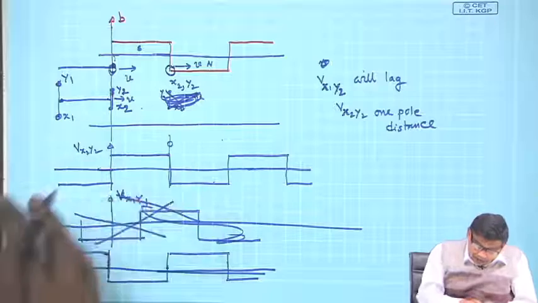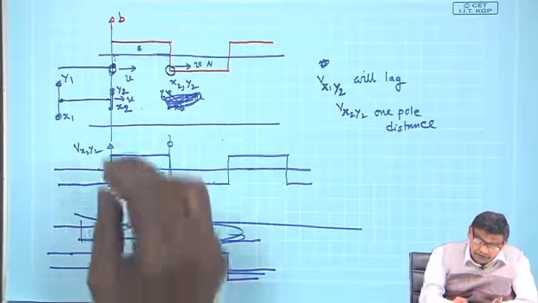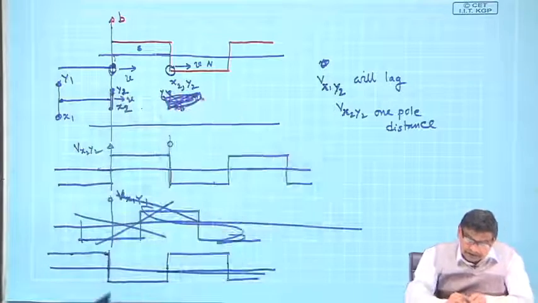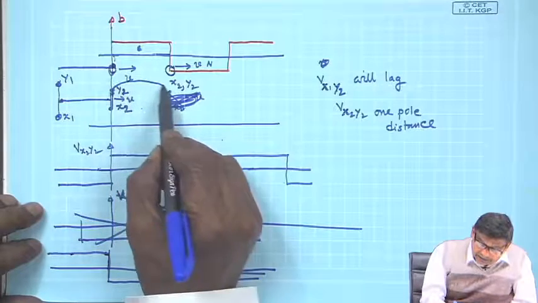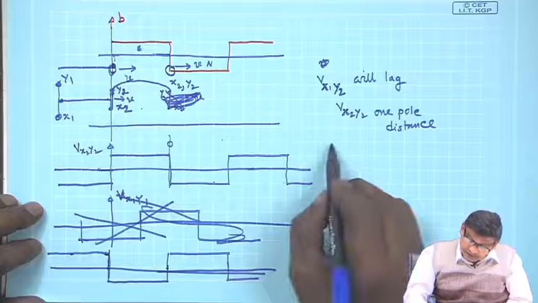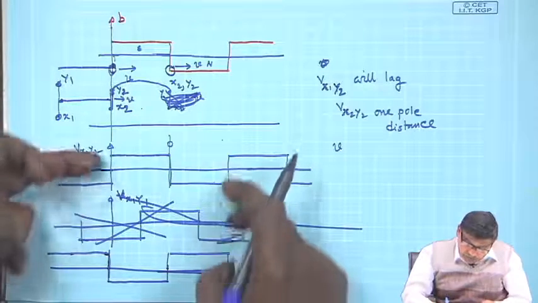Therefore, I can draw separately the voltage waveforms of this conductor and this conductor, and if you have connected them at the back like this, then you take the difference of these two waveforms.